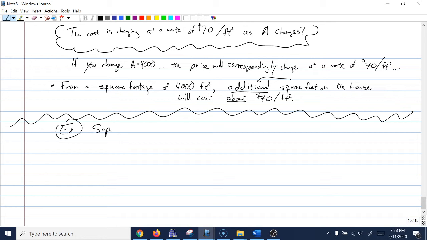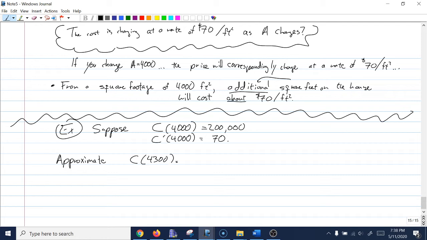Suppose, same situation, C of 4,000 is 200,000, and C prime of 4,000 is 70. Approximate C of 4,300. What is C of 4,300 supposed to be telling me?